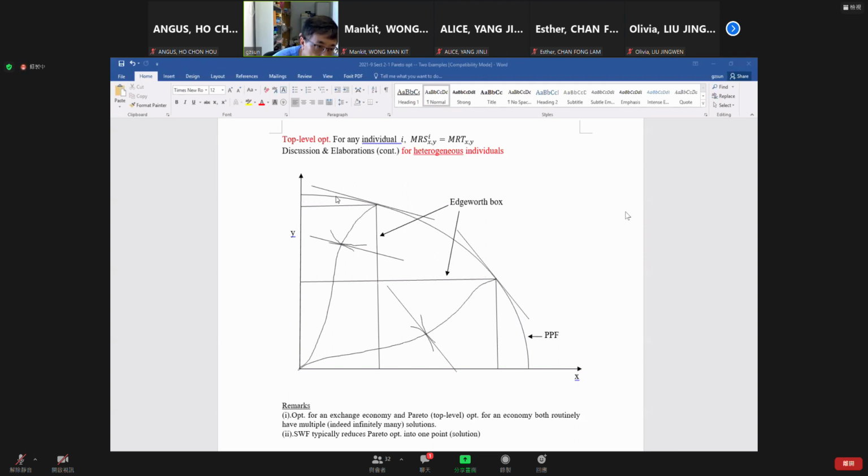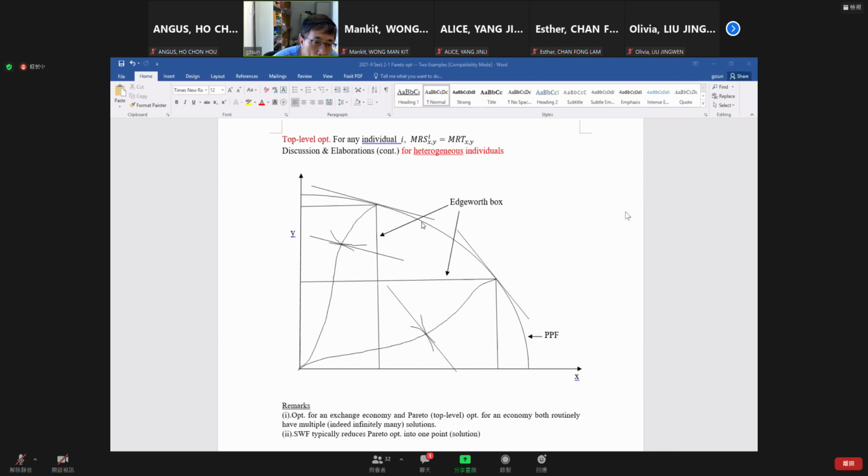This is the production. And we can train all the resources into X or into Y. If we produce more Y, we have to produce less X. This is the production possibility curve, which we call PPF.